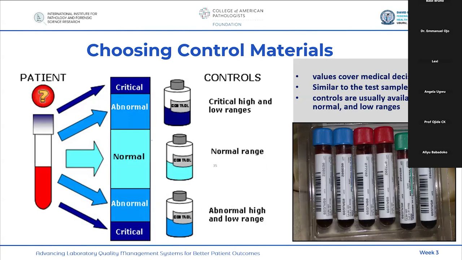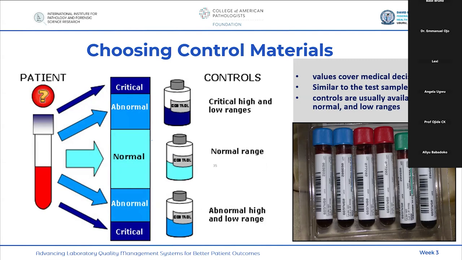I talk about material that provides values covering medical decision points. So here we will look at controls that are critical high.